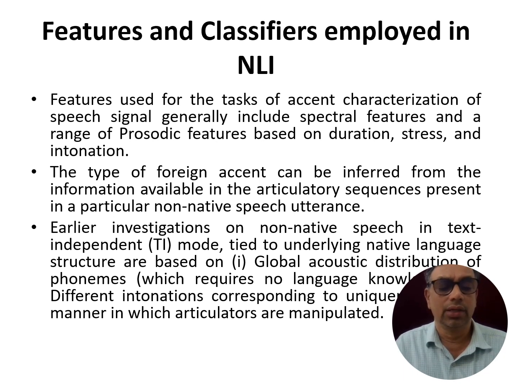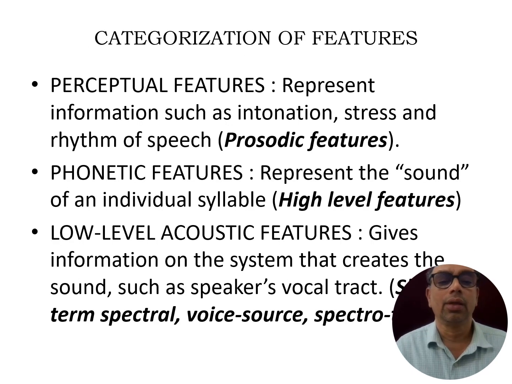That means a text independent setting is also suitable. Different intonations corresponding to the unique manner in which articulators are manipulated also help in identifying the features. Then categorization of features: these are the different features as I mentioned earlier, high level and low level features.